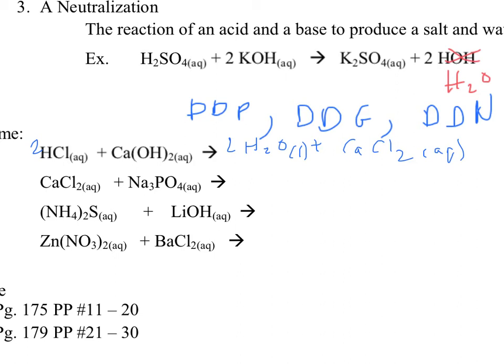When calcium chloride and sodium phosphate are mixed together, you're going to make calcium phosphate and sodium chloride.